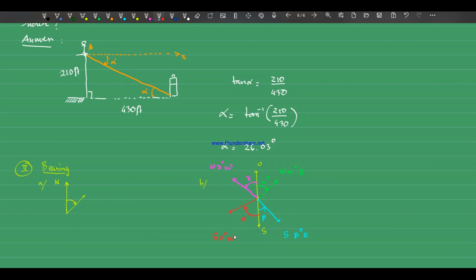There you go. So you see that there are 4 different ways to call a bearing direction, 4 different positions for the bearing measuring. So it depends on the problem. Sometimes they use northeast, sometimes northwest, sometimes southwest, sometimes southeast.